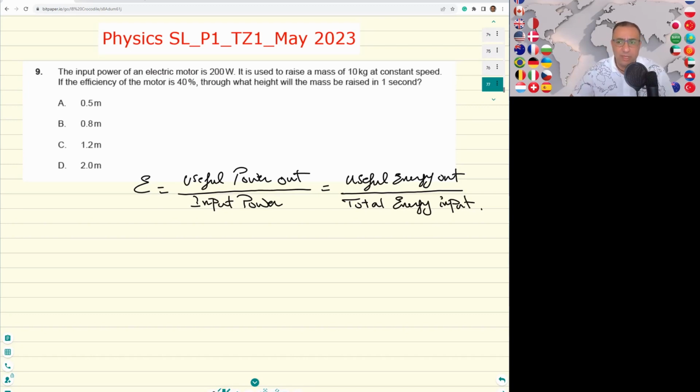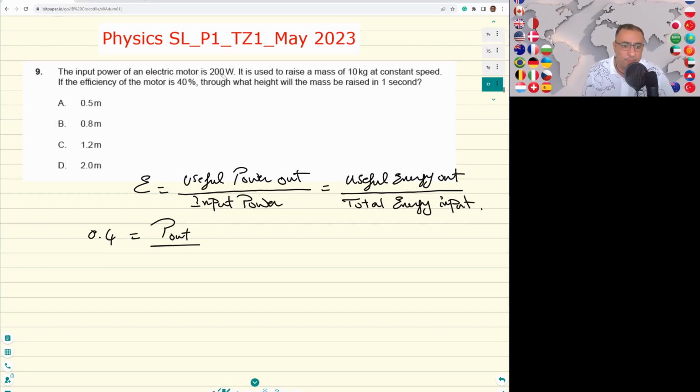But since here we have power, let's use the first one. So we've got the efficiency here, 0.4 or 40%, and the useful power out we don't know, but the input power is given as 200 watts. So we can calculate the output power, or the useful power out.